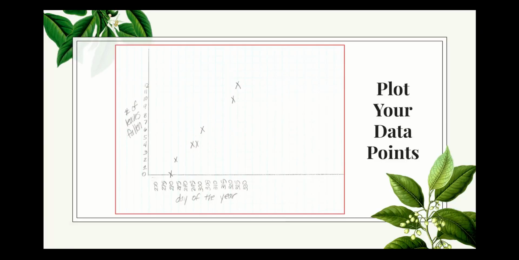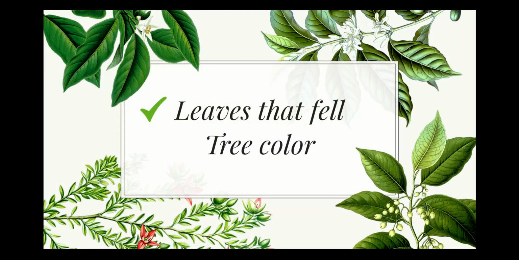So your final graph will look something like this. Once you have finished graphing the leaves that fell from your tree, your next challenge is to make your own graph of how your tree's color changed.